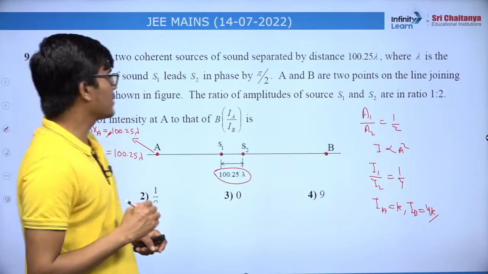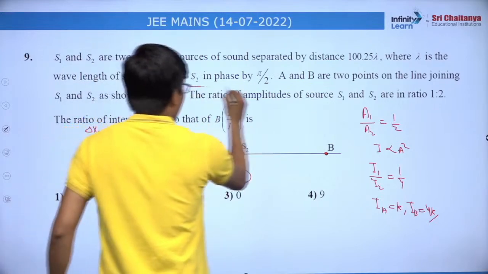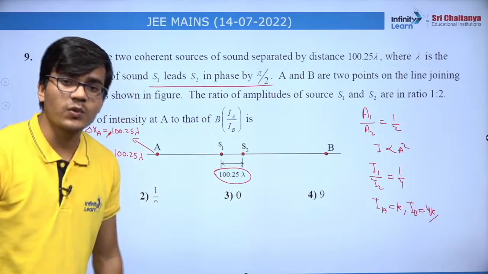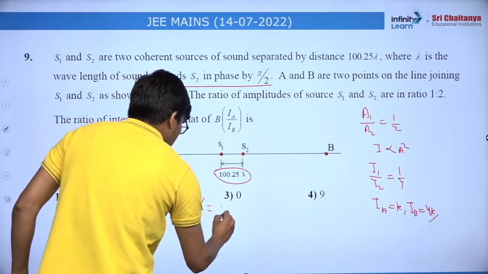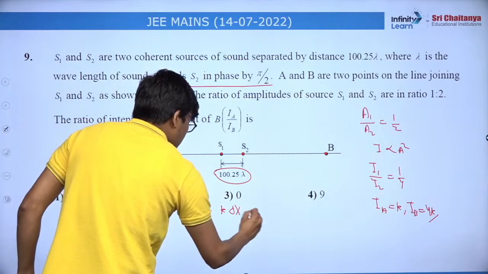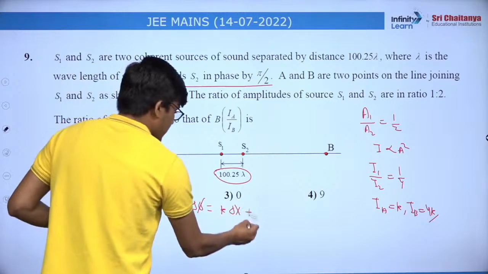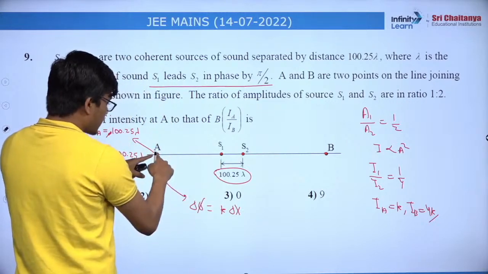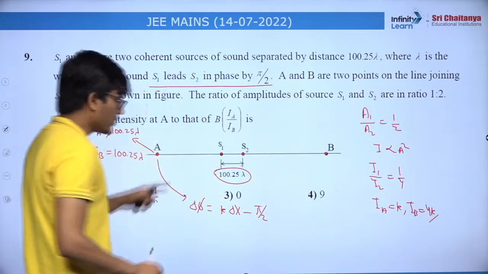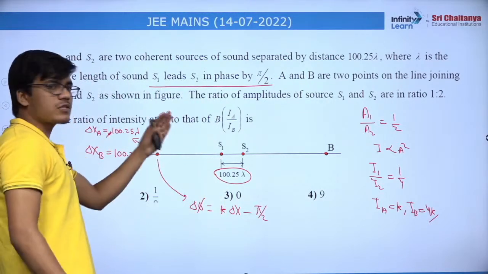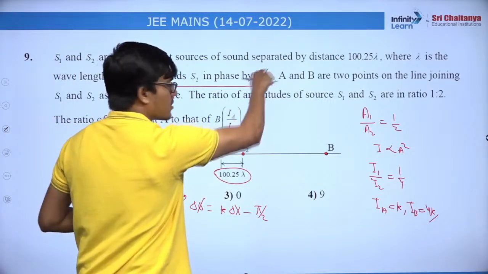But the important condition given in the question is that S1 leads S2 in phase by pi by 2. So whenever I calculate the phase difference at this point, it should be K into path difference, but this is leading. Which one is leading? S1 is leading and it is nearby A. So your answer should be minus pi by 2, right? Because it was leading, when you get the path difference, it will become minus, right? That initial phase difference.